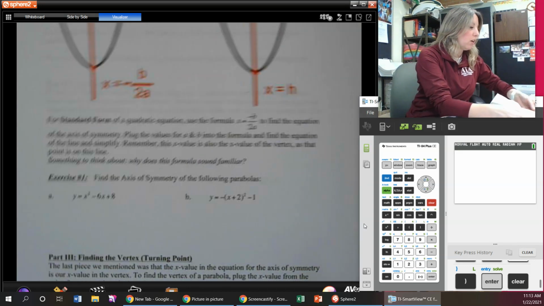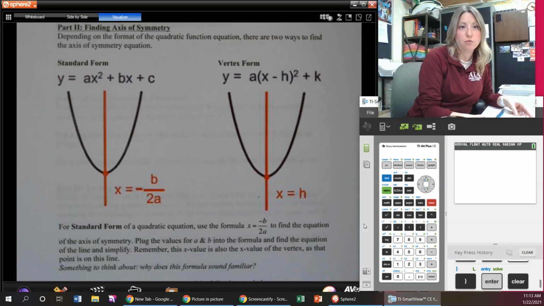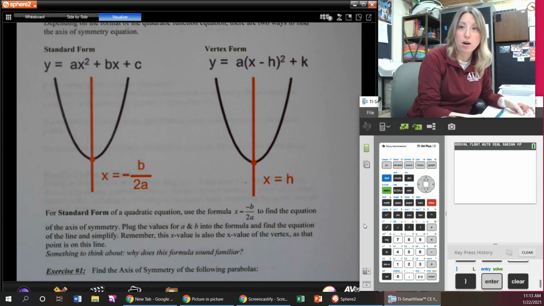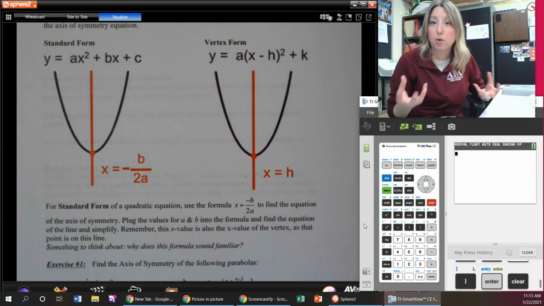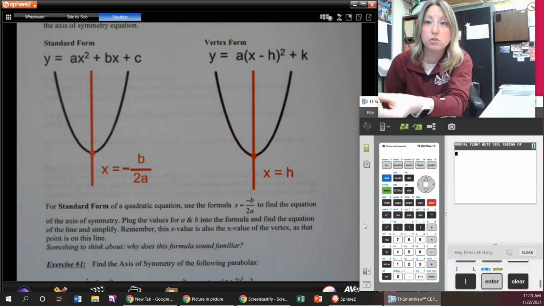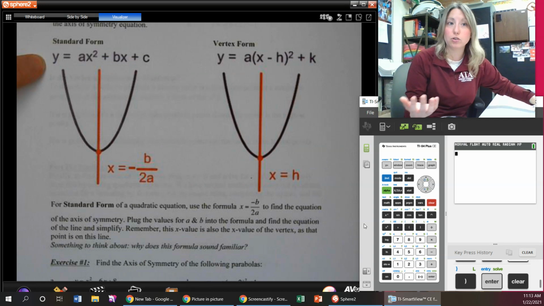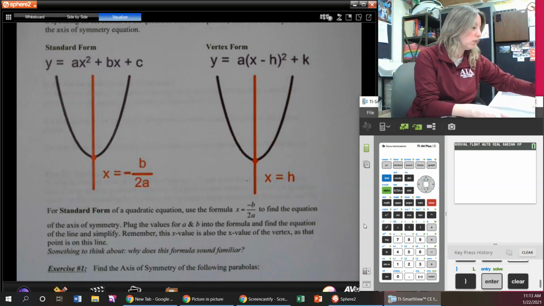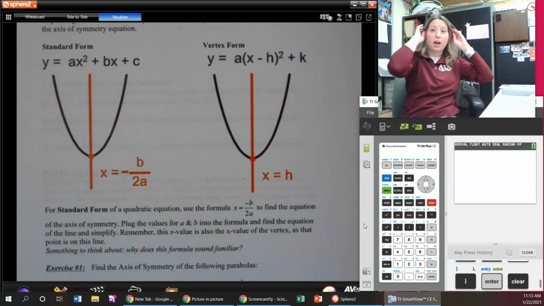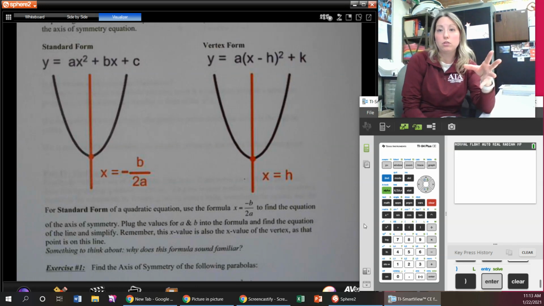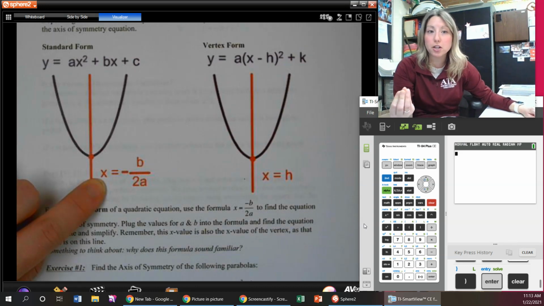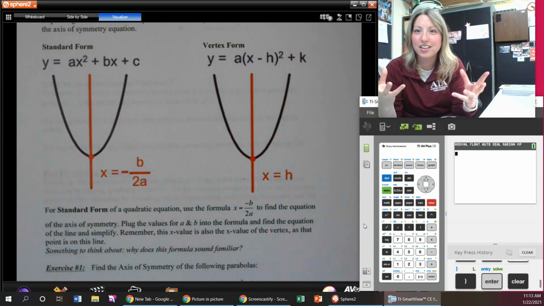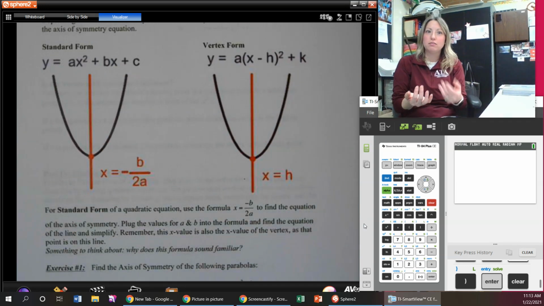I want to remind you of the difference between standard form and vertex form of a quadratic function. Standard form is just like standard form of our quadratic equations, ax squared plus bx plus c equals 0, except we replace that 0 with a y. When you use the standard form, this is the axis of symmetry formula: like I said, the front of the quadratic formula, -b over 2a.